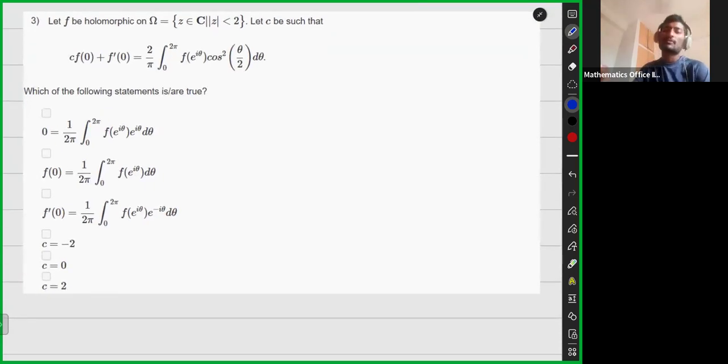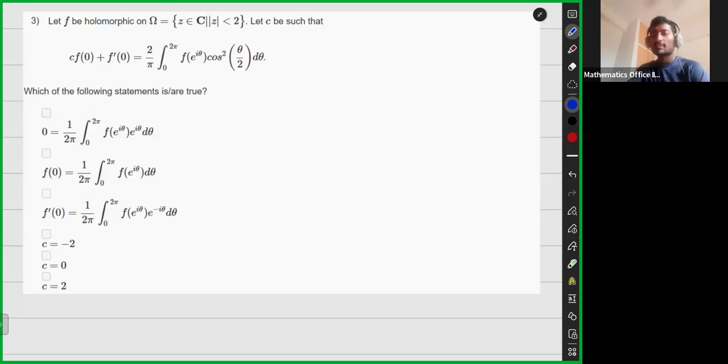Okay, so f is a holomorphic function on a disk of radius 2 centered at 0, with c such that c f of 0 plus f prime at 0 is the integral of some combination of f and an algebraic function.